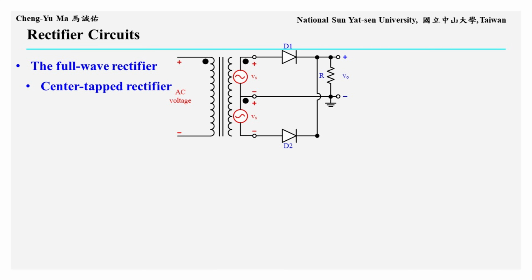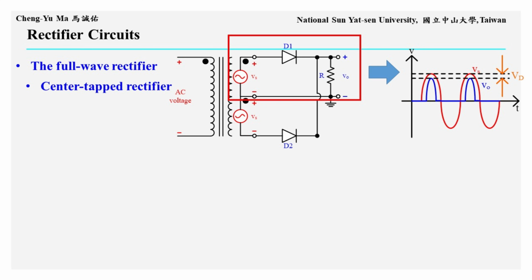A center-tapped rectifier essentially sends the transformed Vs into two half-wave rectifier paths. Clearly, the upper part of the circuit is the half-wave rectifier we just discussed. The waveforms of VO and Vs are shown on the right. When Vs is in the positive half cycle, diode D1 conducts and transfers the input signal to the output node.